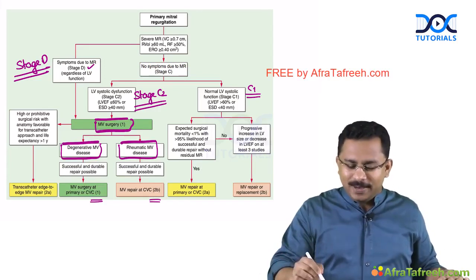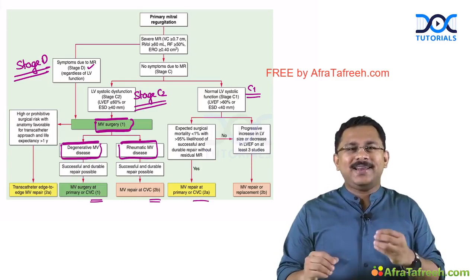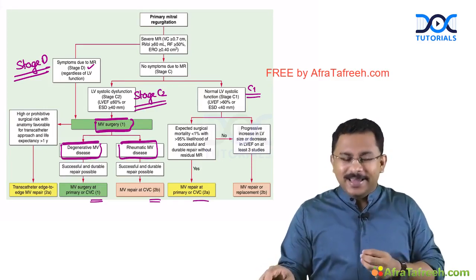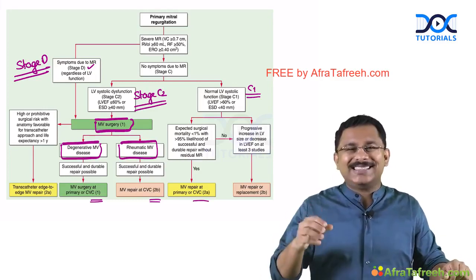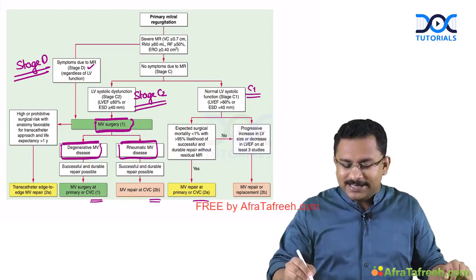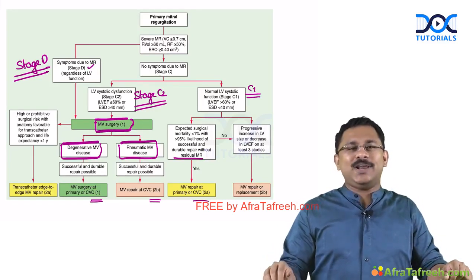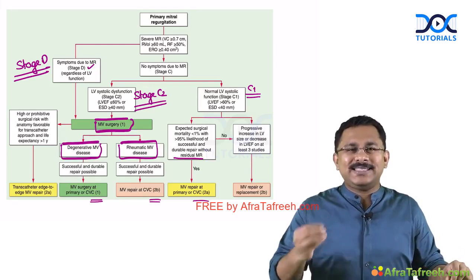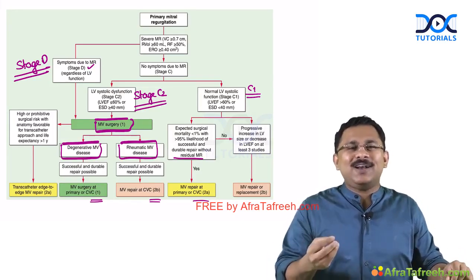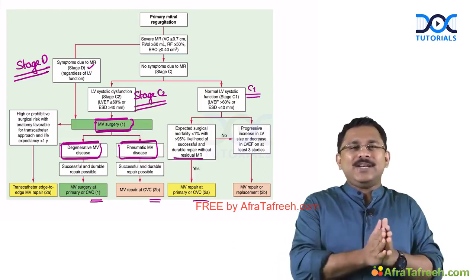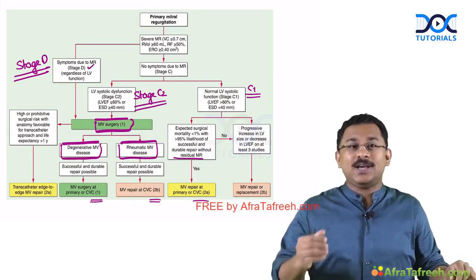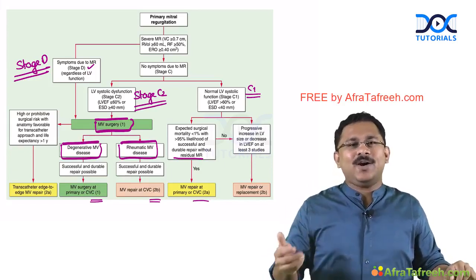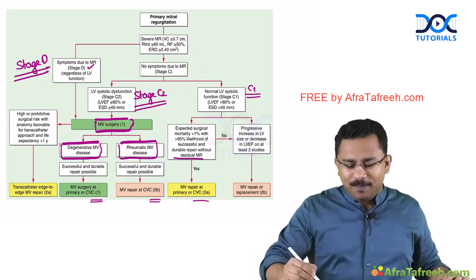Suppose the patient has an expected surgical mortality of less than 1%, with a more than 95% likelihood of successful and durable repair without residual MR. So basically what the guideline says is that in stage C1, the mitral valve repair is reasonable when the likelihood of a successful and durable repair without a residual mitral regurgitation is more than 95% with an expected mortality rate less than 1% when it is performed at a primary or a comprehensive valve center. Okay, so that is one point that you should know.